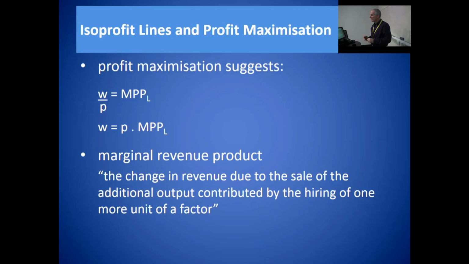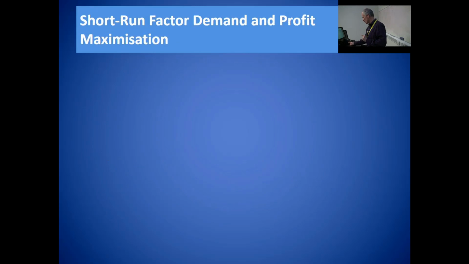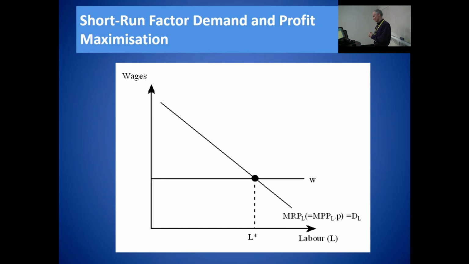This goes back to what I said right at the beginning of the lecture. A firm will continue to employ labour so long as it's profitable to do so. If it's not profitable, you don't employ the labour. If it is profitable, you do employ it. That is all that expression is telling us. And if you don't believe me, I'll show you in the following diagram.